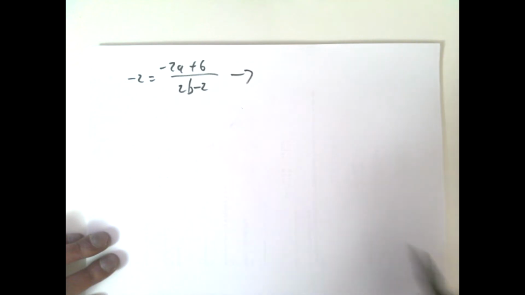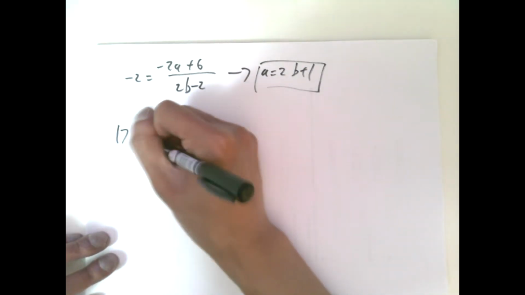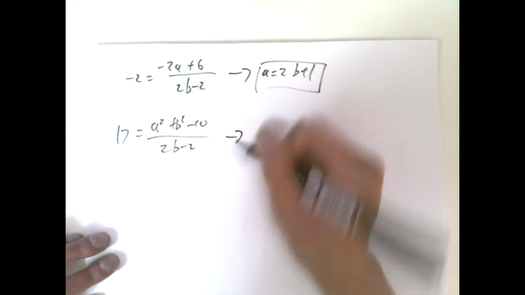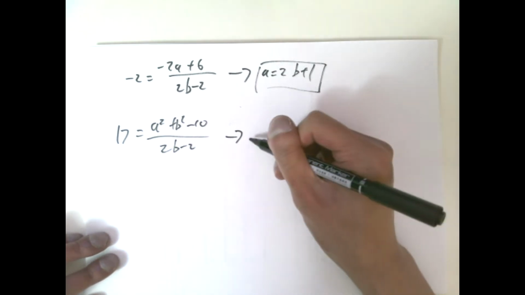Solving for a equal to something else. Solving for 17 equal to everything else.